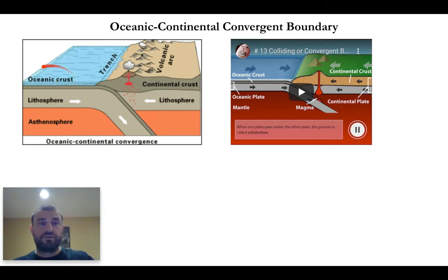Here's the ocean crust hitting the continental crust, and then the ocean crust dives down. And the reason it dives down is ocean rocks are denser than continental rocks. And the point where it dives down, you get this trench. And then here it begins to melt and you get volcanic mountains.